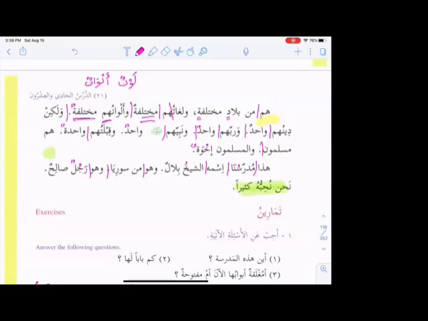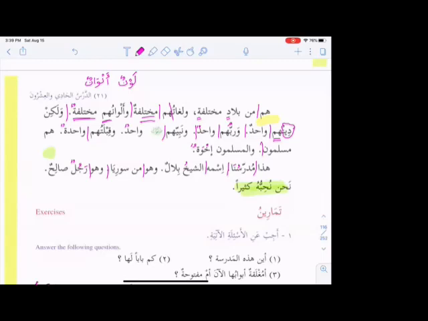Walakin, but. This is very beautiful. Dinuhum wahidun. See here. Dinu mubtada, mudaf, mudaf ilayhi, wahidun khabar. Wa rabbuhum. MashaAllah. See how beautifully Dr. Abdurrahim composes his lessons.